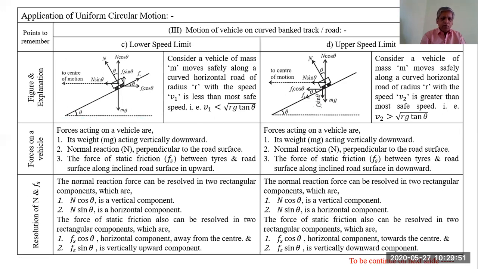Due to the normal reaction, the vertical upward component is N cos theta. Due to the force of static friction, the vertical upward component is Fs sin theta. This vertically upward component, N cos theta plus Fs sin theta, balances the weight.